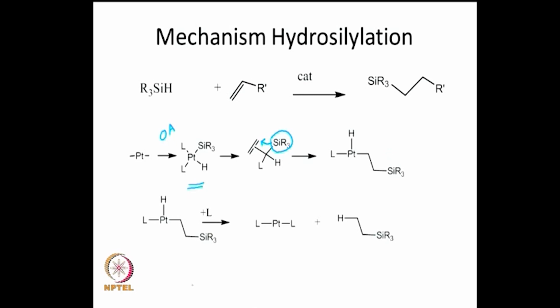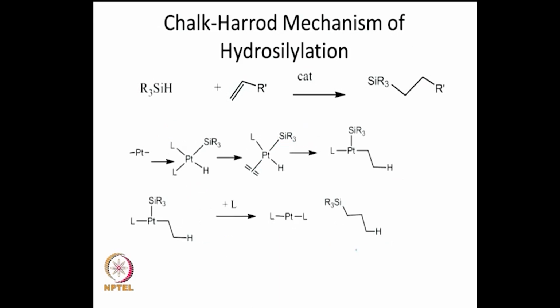This is the reductive elimination step. This is the migratory insertion step that we have, and that will give you the final silane, which can be manipulated either with treatment with oxygen or hydroxylating species, so that you can form a variety of interesting molecules.